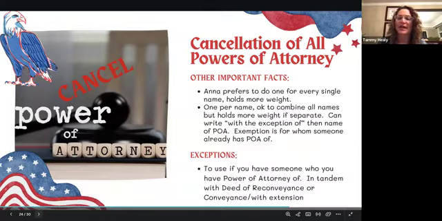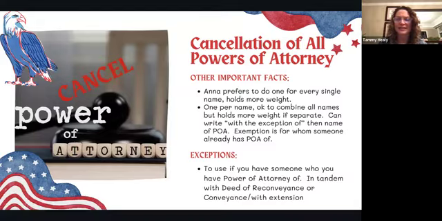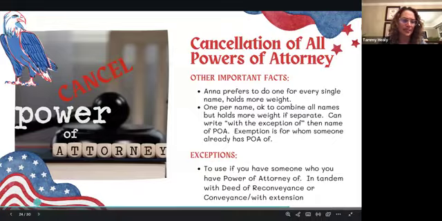You can combine all names, but it holds more weight if it is separate. You can write "with exception of," then name the power of attorney. So if you do indeed have a power of attorney, this is where you would put it, to use in tandem with the deed of reconveyance with extension.